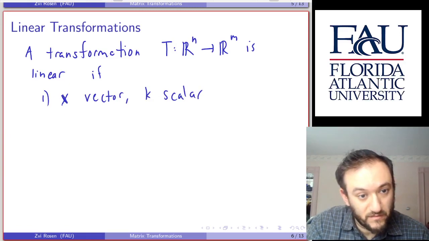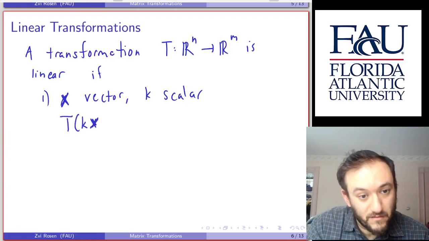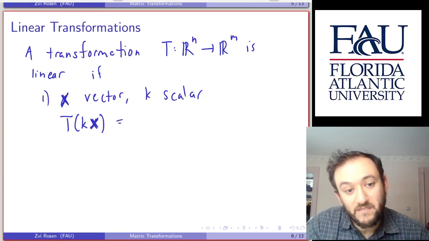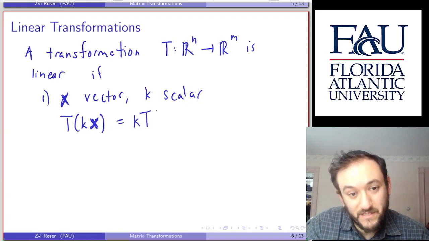Then T of kx has to be equal to k times T of x.